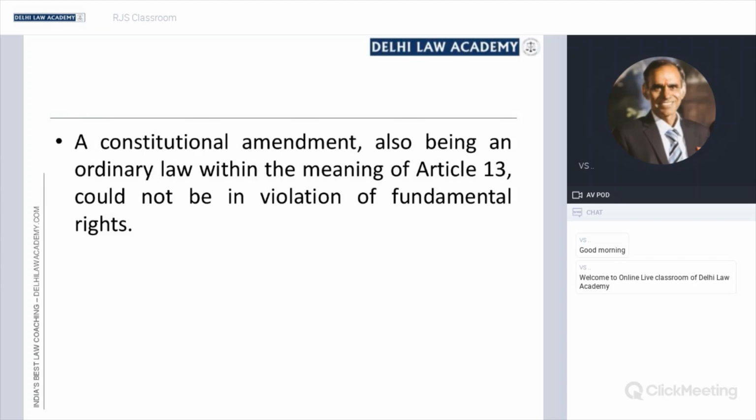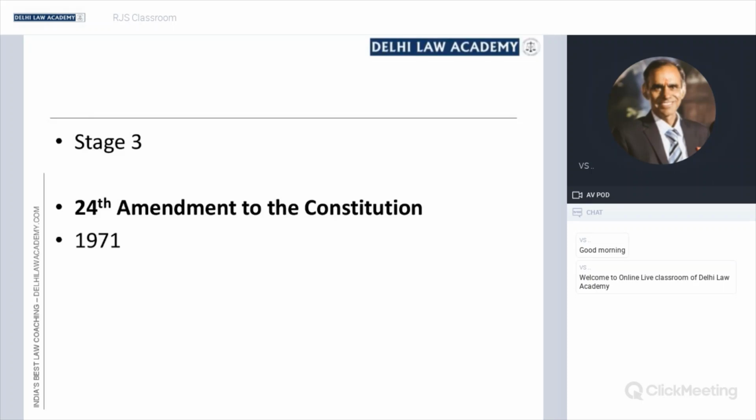So when Parliament's power to amend the fundamental rights was completely negated, then there came an effort from the side of the Parliament, from the side of the executive, in stage 3, to amend the constitution itself, and thus came the 24th amendment in the year 1971.